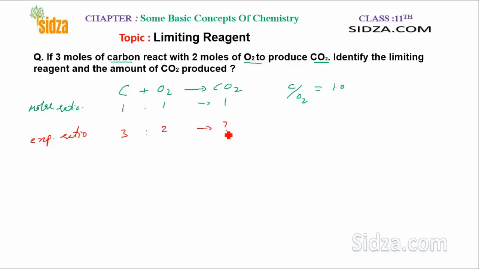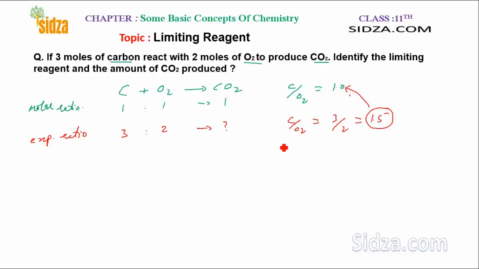So we need to check the weight of carbon dioxide produced. First I will check the limiting reagent. The experimental ratio between carbon and oxygen is 3/2, right? It is 1.5. And this 1.5 is greater than the balanced equation ratio, which means that carbon is more and oxygen is less, right?